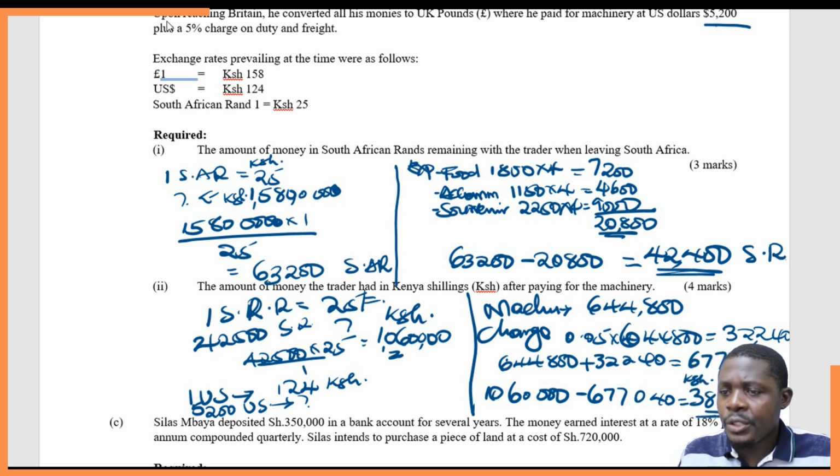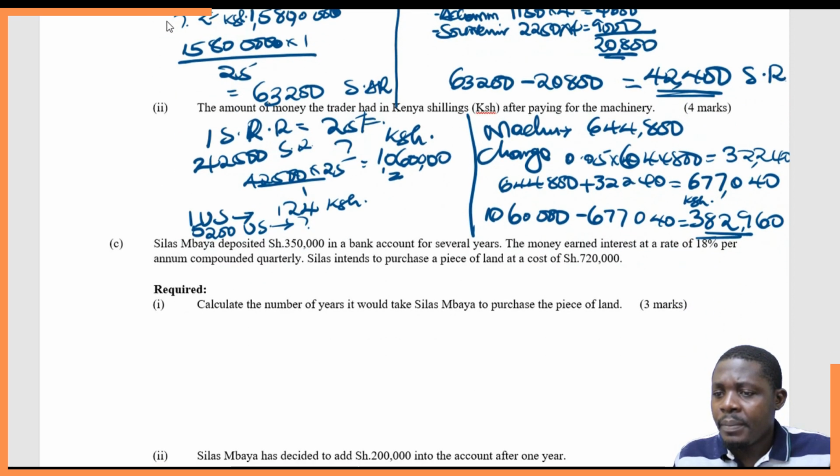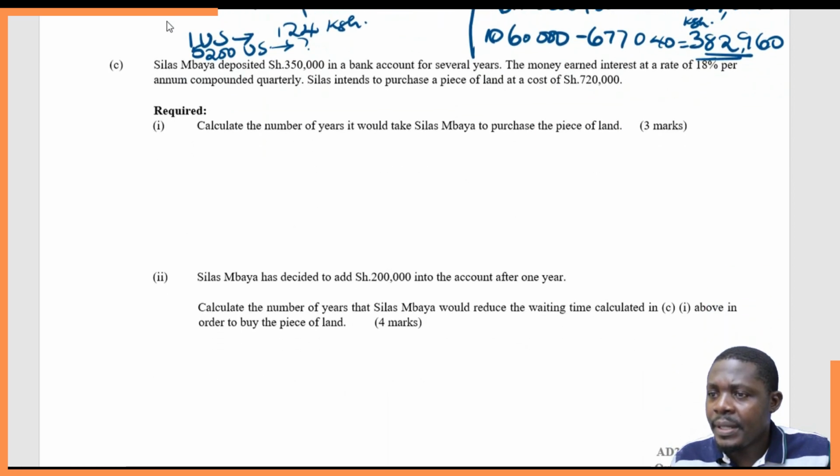Right. Question part C. Part C is told that Silas deposited 350,000 in a bank account for several years. The money earned interest at the rate of 18% per annum, compounded quarterly.